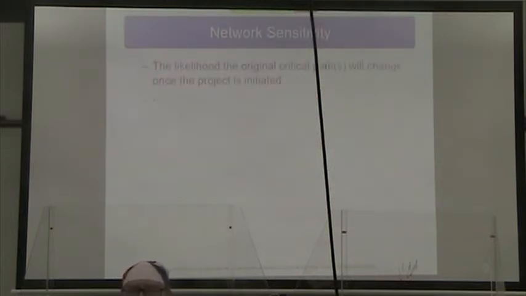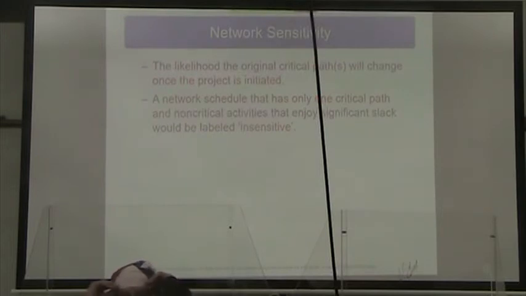All right, network sensitivity. Now here's the problem with paying attention to the critical path. It is very likely that the critical path is going to end up changing because of conditions that you may have anticipated or you may not have anticipated. Right?